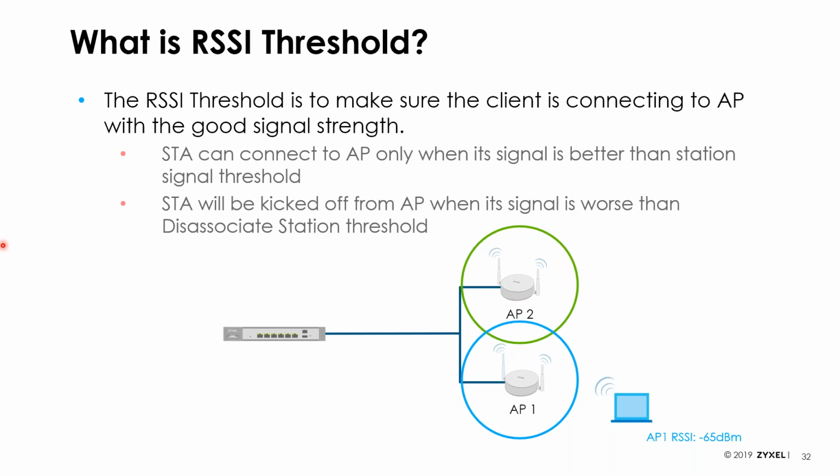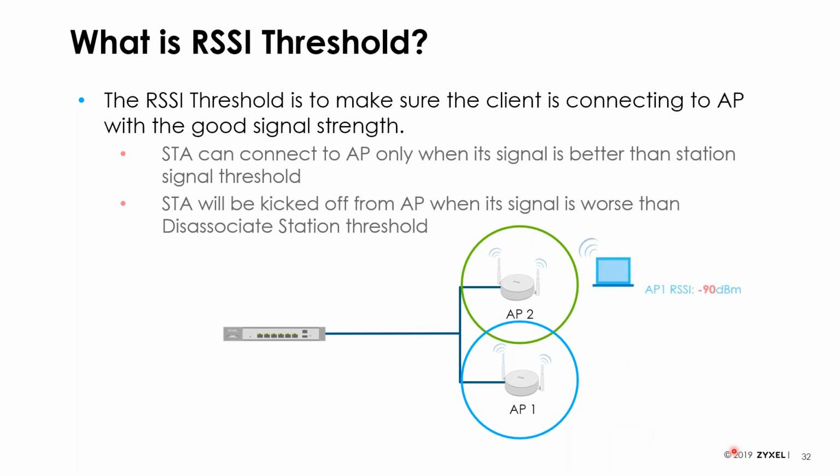So we can set the following values. Station signal threshold is the value that client signal strength needs to be this or better for it to connect to an AP. In this example, it is set to -65 dBs, so client can connect to AP1. Then we can set something called a disassociate station threshold.